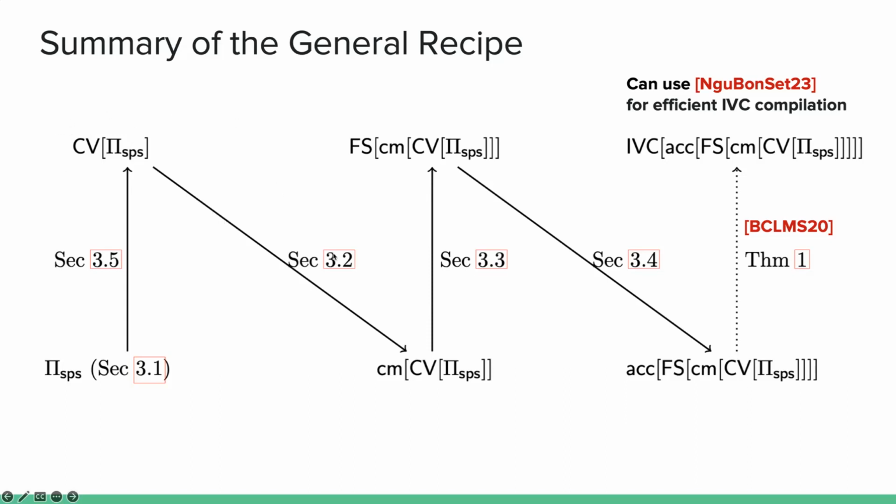And after that, we use the standard trick to make non-interactive arguments, and we use the trick we mentioned before to construct a folding scheme for that, and use the typical classical IVC compiler from previous work to make an IVC scheme. So that's a general framework, and we've reduced this problem to a much simpler problem now.